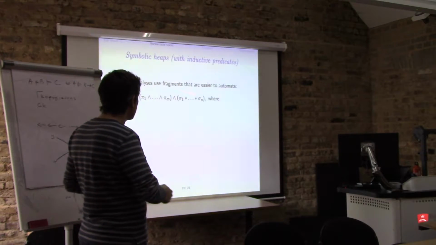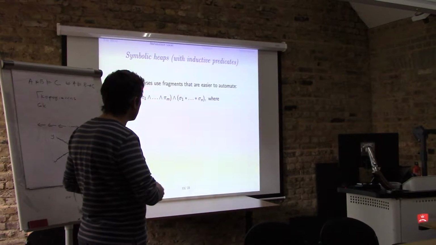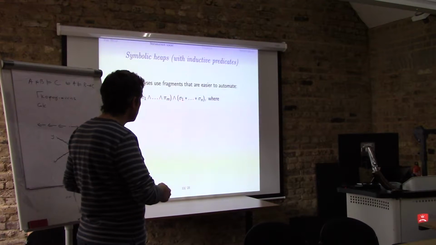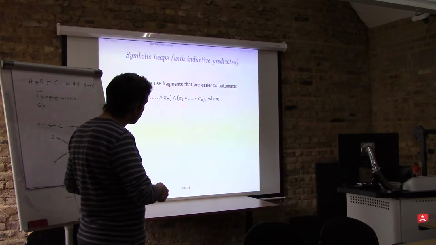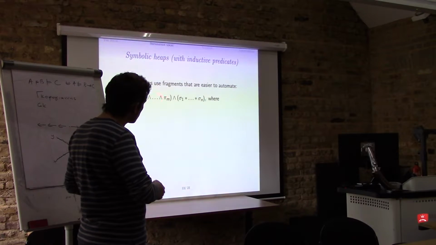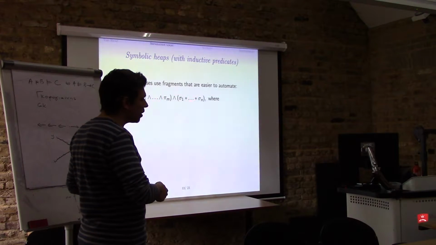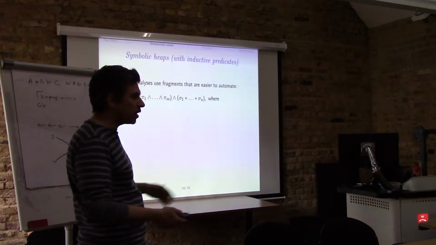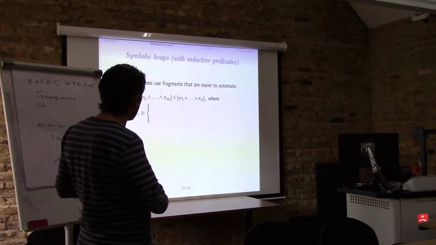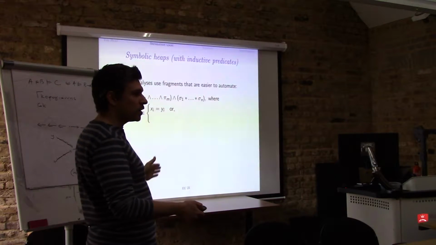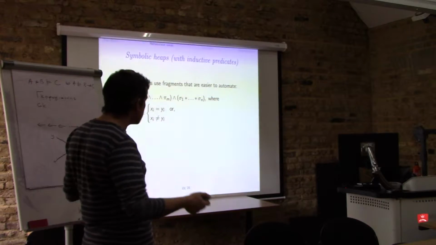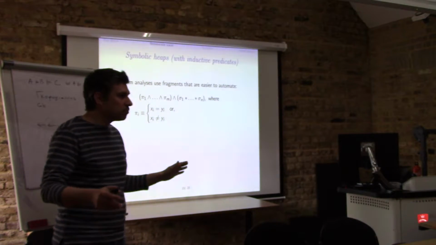So this fragment is basically a classical conjunction of some formulas and a star conjunction of some other formulas. And the kinds of formulas we're allowed to put here are restricted. Okay, so in here we're only allowed to put either equalities between program variables or disequalities, nothing else.